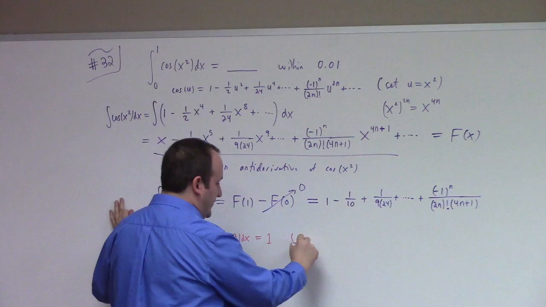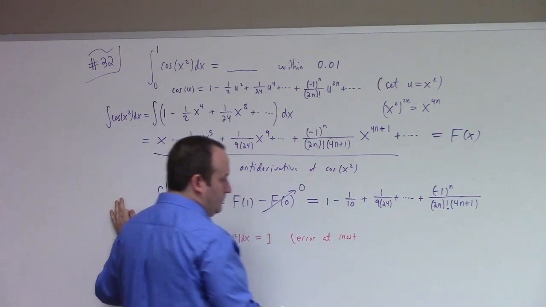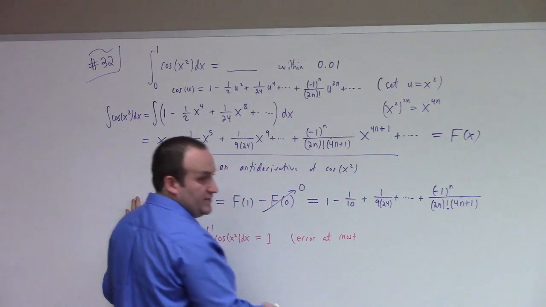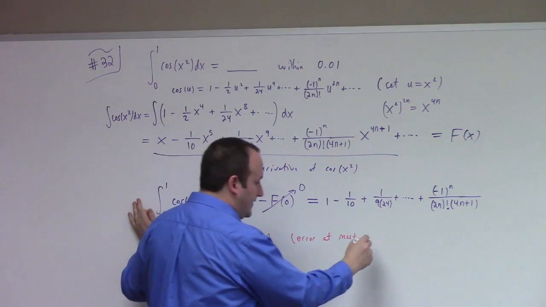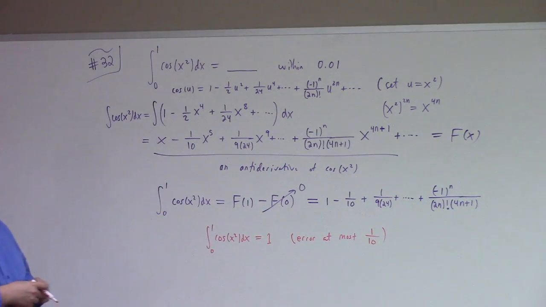And that has an error of at most what? The next thing I haven't used, right? 1/10. So this is the alternating series estimation theorem that says that the error is at most the next thing you haven't used.